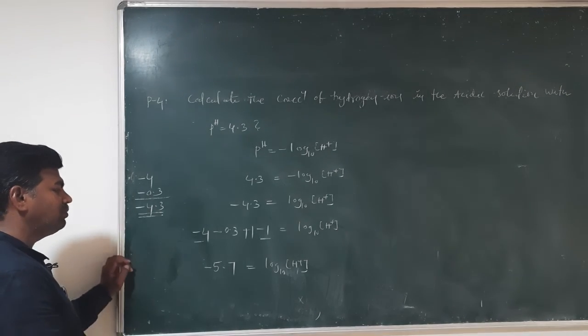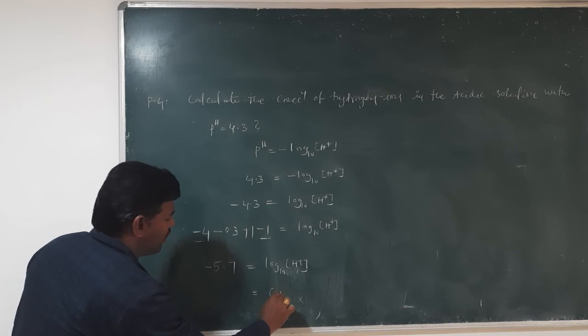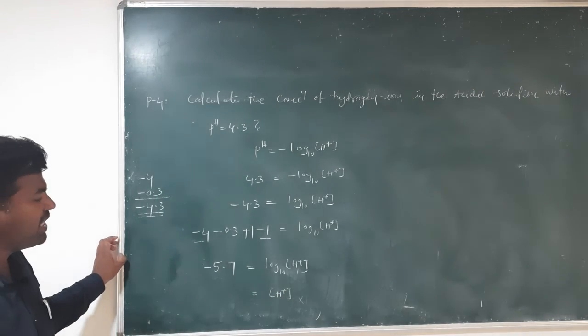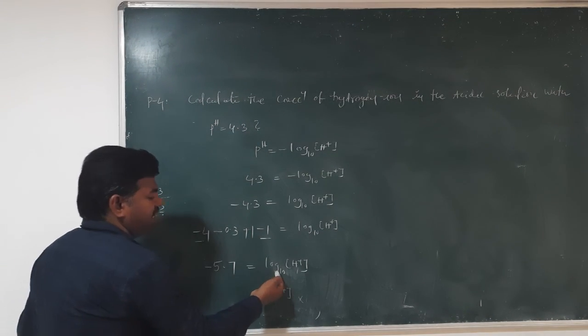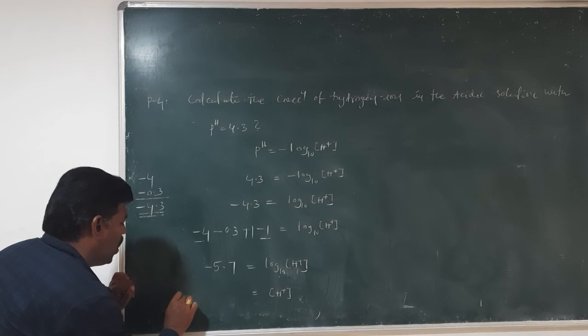And the concentration of H plus ions is equal to the antilog of minus 5.7. If you move this logarithm to this side, it becomes antilog.